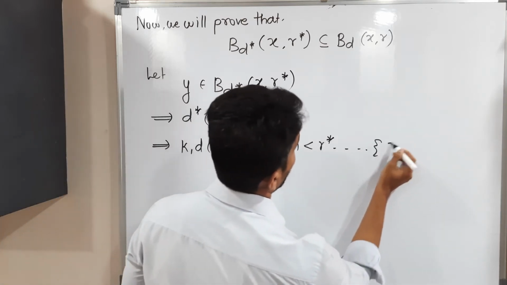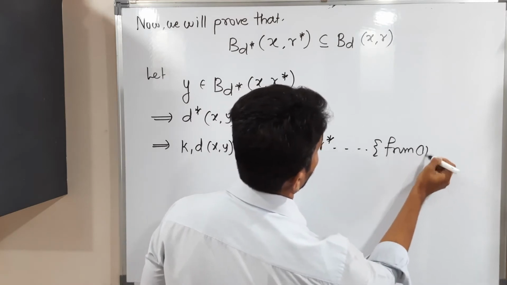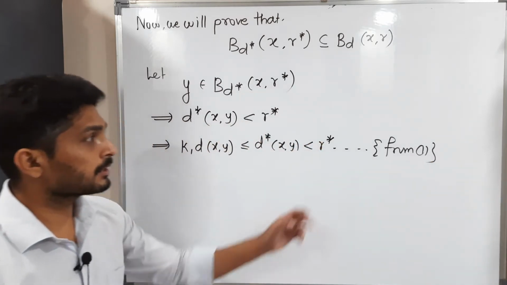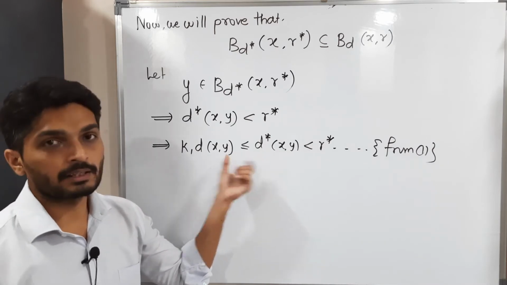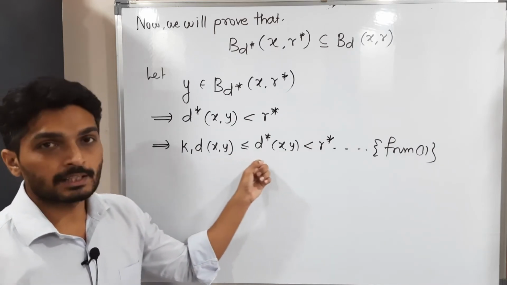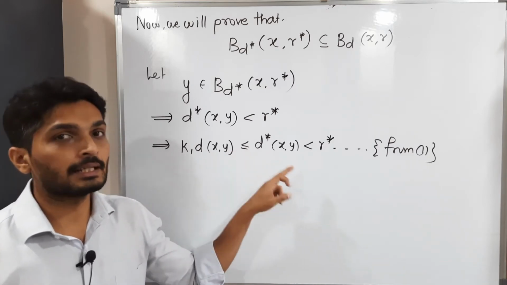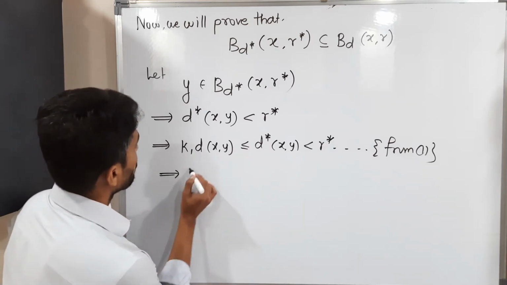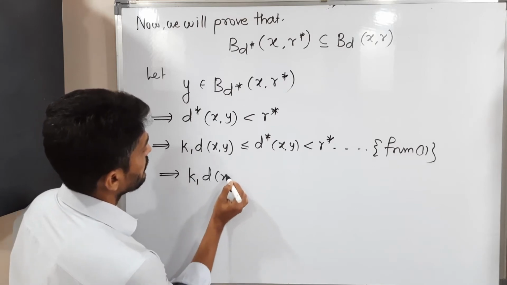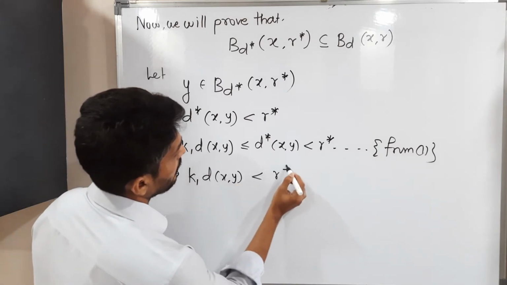I will mention, from 1, I can write it. Inequality 1 gives K1 D of xy less than or equal to D star of xy. See, A less than B, B less than C, so we can write A less than C. So K1 D of xy is less than r star.